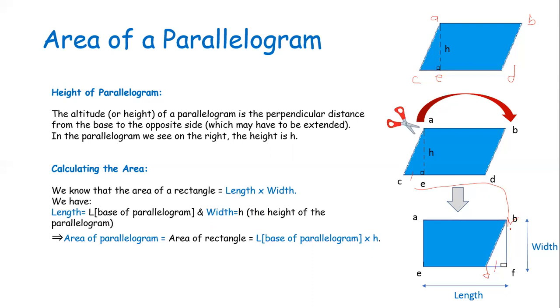The width here is nothing but h, which is the height of the parallelogram. From this, we conclude that the area of the parallelogram, since it's equal to the area of the rectangle, equals the length of the base of the parallelogram multiplied by h. Or in other words, from the first parallelogram we have here, it will be equal to the length of CD multiplied by h.